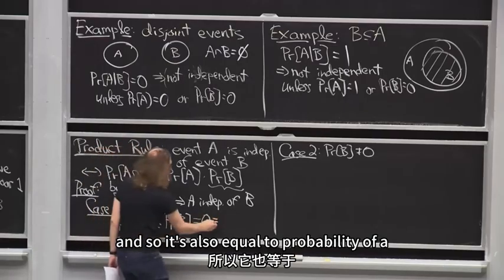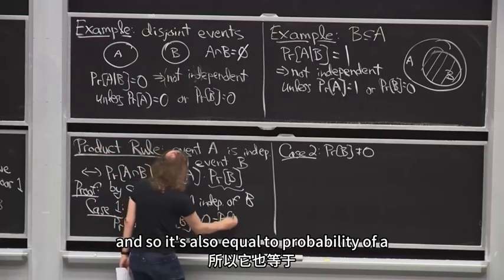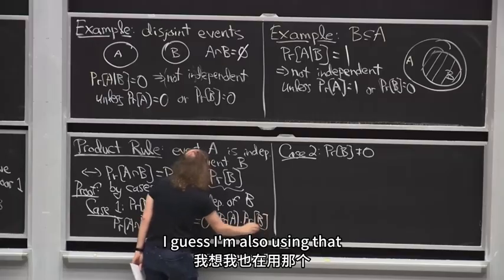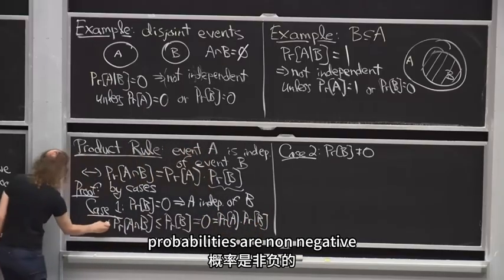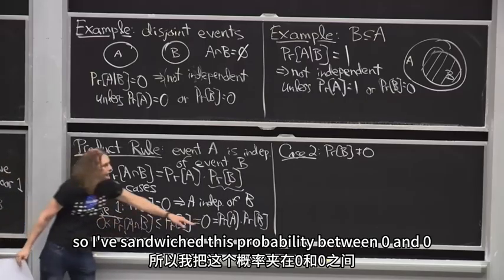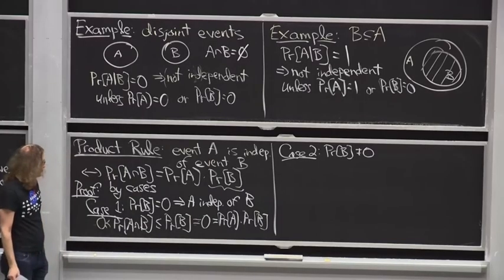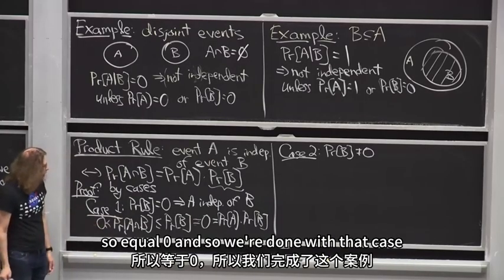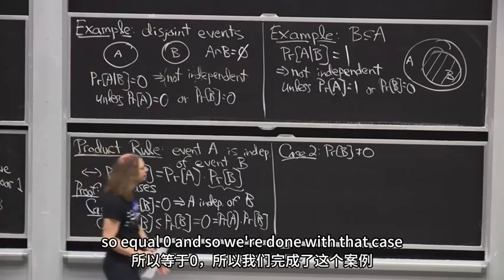And so it's also equal to probability of A times probability of B. I guess I'm also using that probabilities are non-negative. And so I've sandwiched this probability between 0 and 0, which means it equals 0. It's both less than and greater than or equal to 0. So it equals 0, and so we're done with that case.